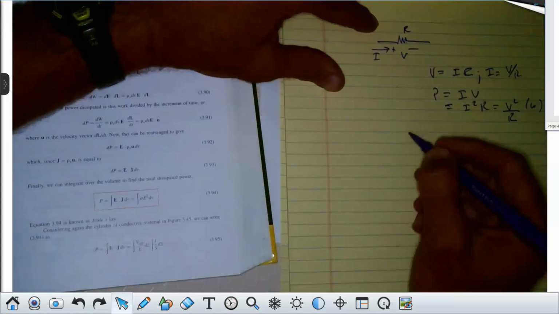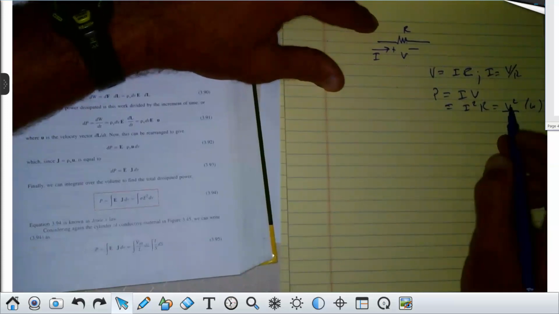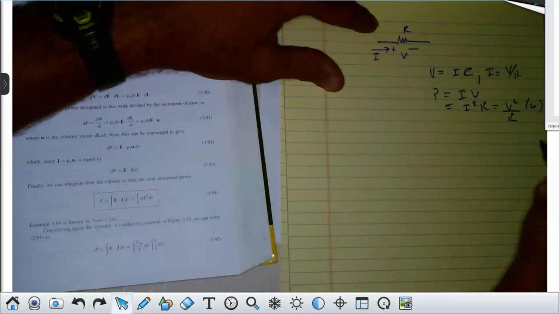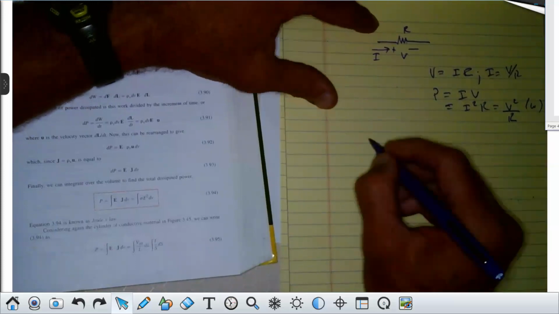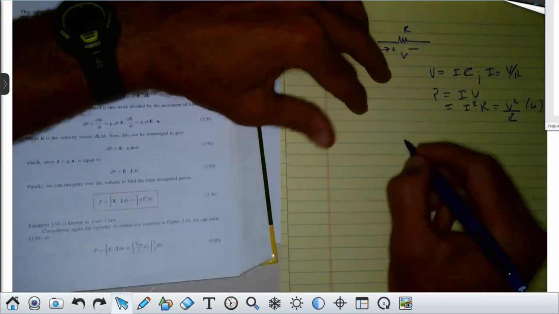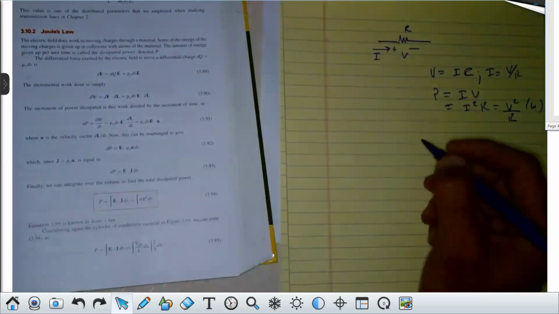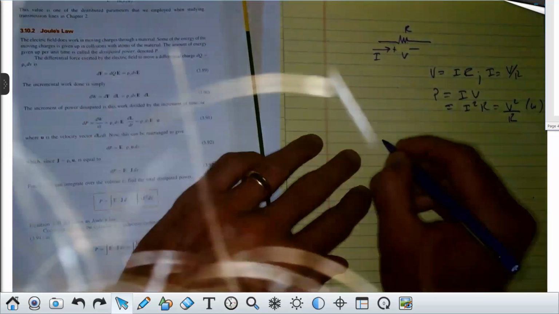When we talk about something in a differential mode, we don't use voltage or current. We use H and we use J and we use E. And so when we talk about a differential chunk of anything, we want the actual power that's going to be dissipated per unit volume. It would be dP.